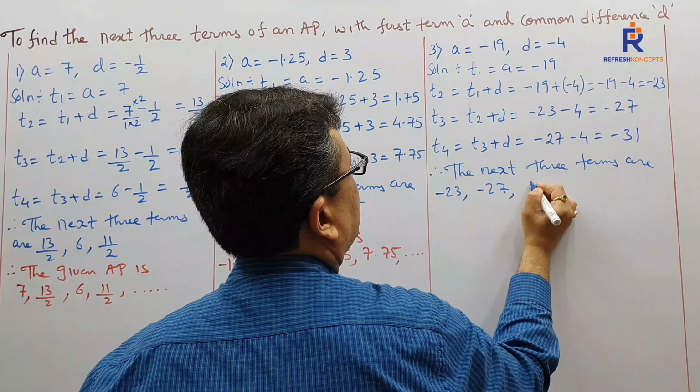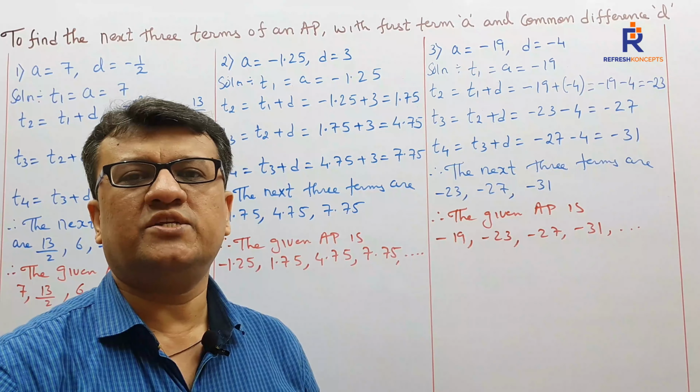And if they were to ask me, I will say, therefore, the given AP is, to start off with, T1 is minus 19, minus 23, minus 27, minus 31, dot dot dot. Right children? Quite simple.